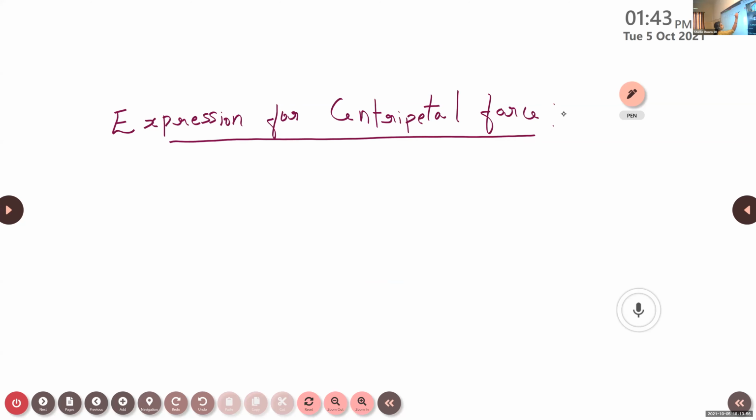Expression for centripetal force. We know the equation for calculating the force acting on an object. What is the expression for calculating the force acting on an object?